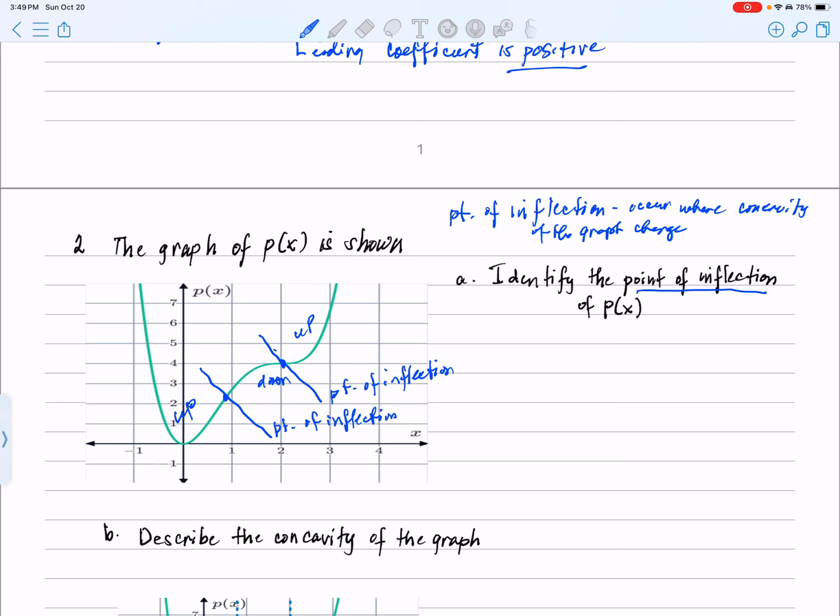So I would identify one point of inflection at 2 in x and 4 in y, so at 2, 4. And the other point of inflection occurs somewhere here, before going to 1.